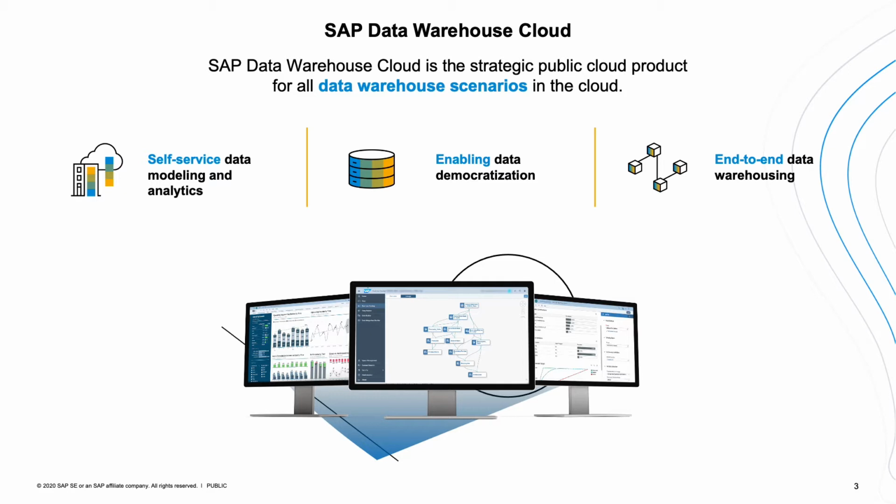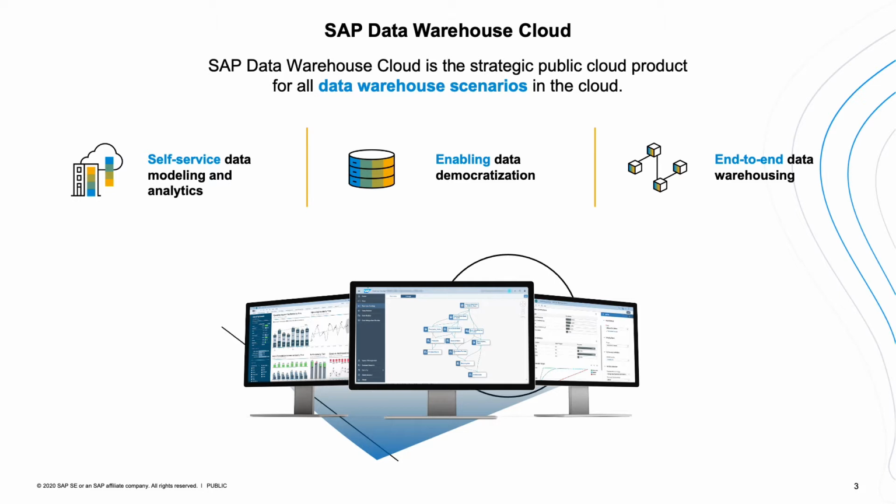Openness is important not only from the connectivity side, but also from the consumption side, where we, of course, want to support SAP Analytics Cloud as our first-class citizen to consume our models in SAP Data Warehouse Cloud, but also we want to open up for third-party consumption, where we're providing APIs such as SQL APIs, but in the future also thinking about more advanced REST APIs.